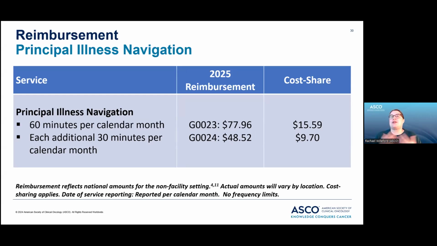Since principal illness navigation and community health integration are based on the same framework and the same RVU values, the codes are reimbursed at the same amounts. In 2024, again, $80.56 and $50.26 for the national non-facility rate. In 2025, we have the same reimbursement as community health integration at $77.96 and $48.52.